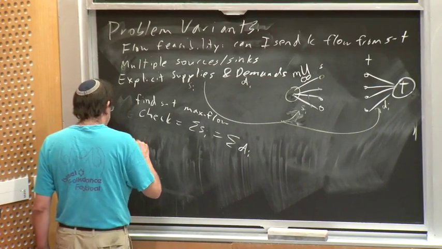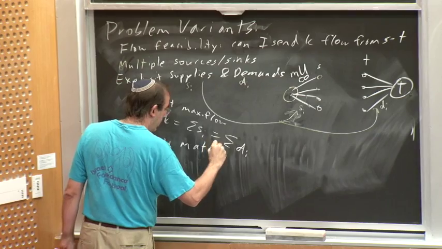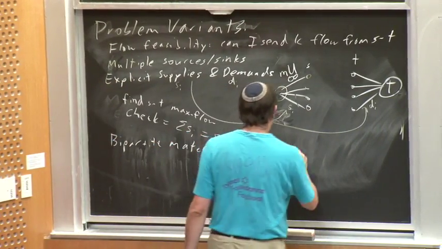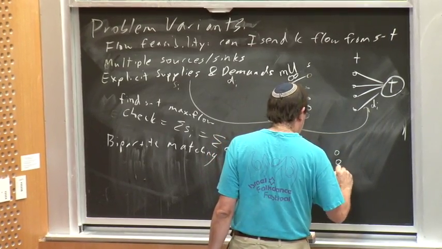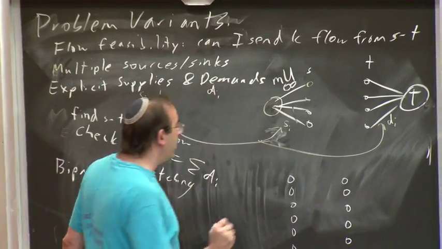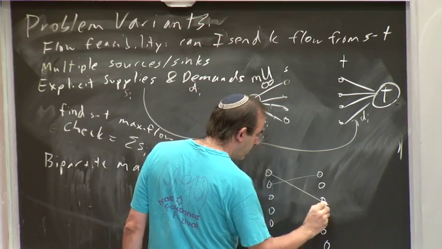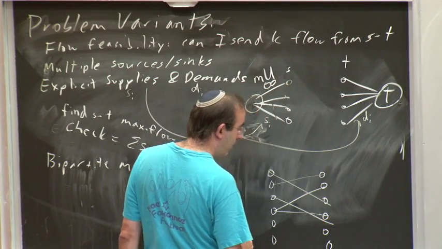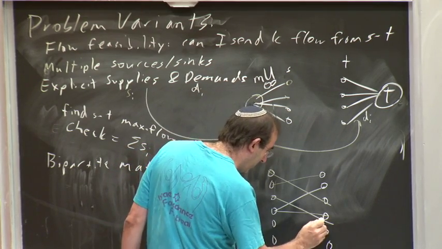Here's another one, bipartite matching. This is an interesting algorithmic problem in its own right, where you have two sets of vertices, often called the men and the women, and you have compatibility edges that represent pairs that would do okay on a first date or something like that.